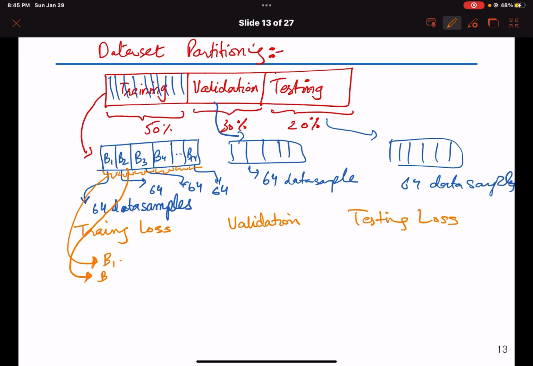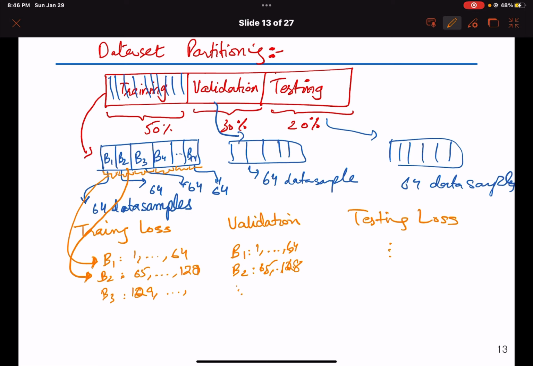Batch 1 means sample number 1 to sample number 64. Batch 2 means 65 to 128, for example. Batch 3, 129 onwards. Similarly, your validation data will also be given as input like this. Same is the case with your testing data.